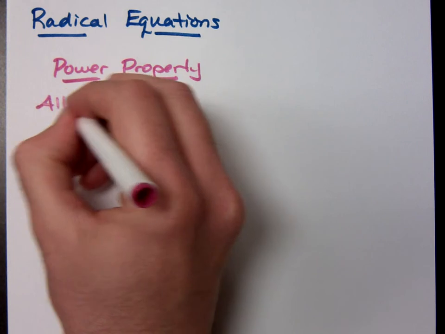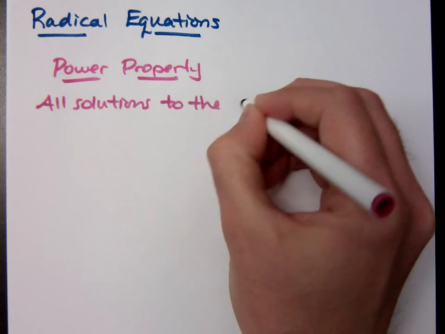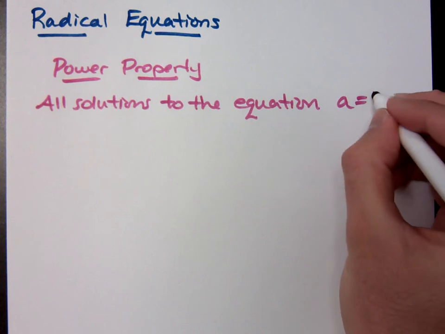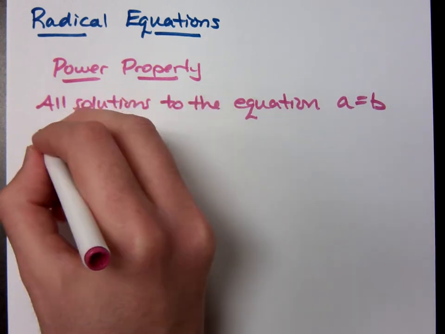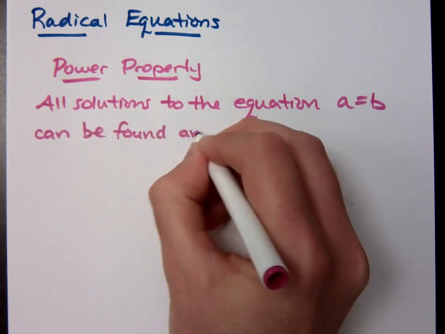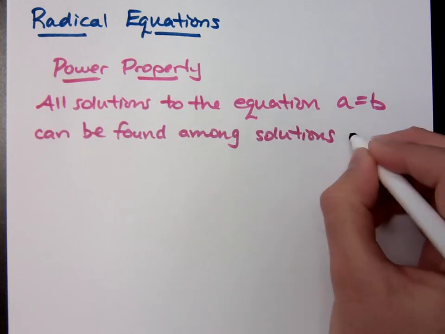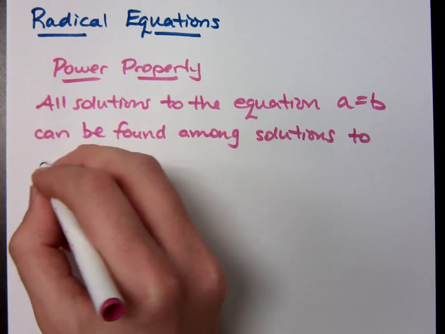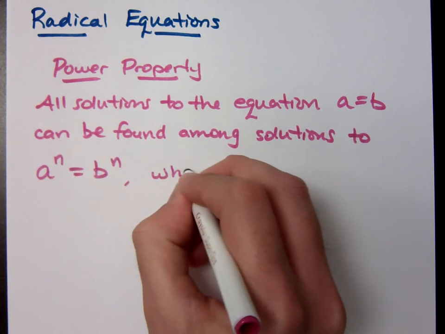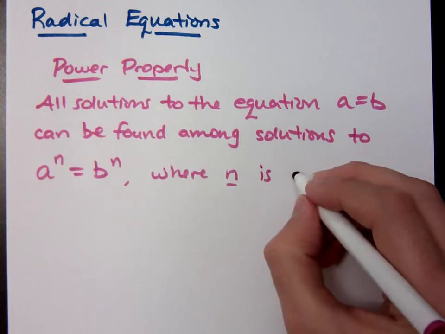It says that all solutions to the equation A equals B can be found among solutions to A to the n equals B to the n, where n is a natural number.